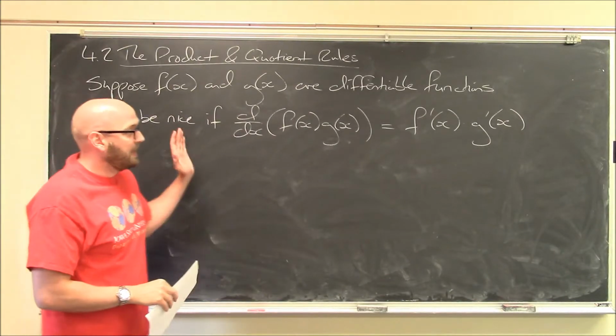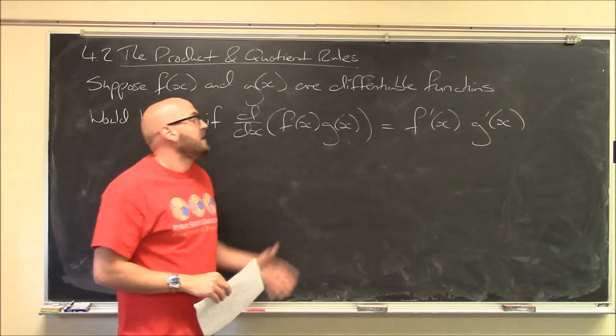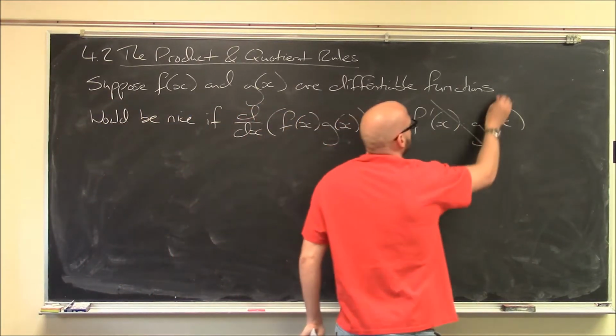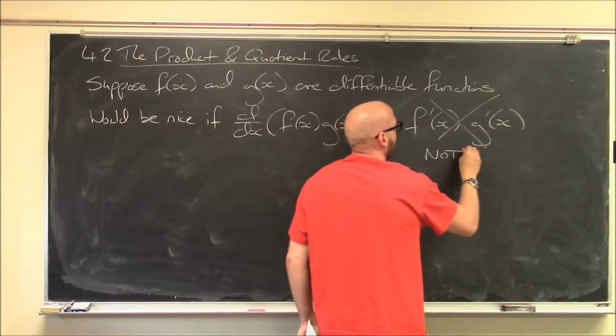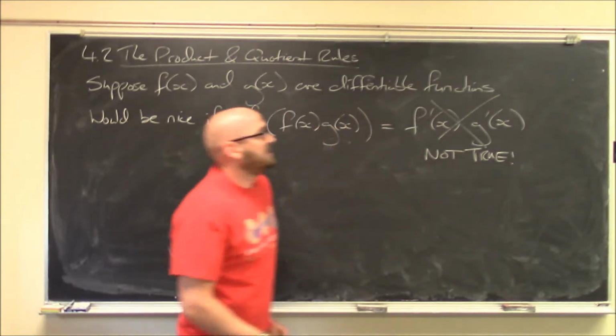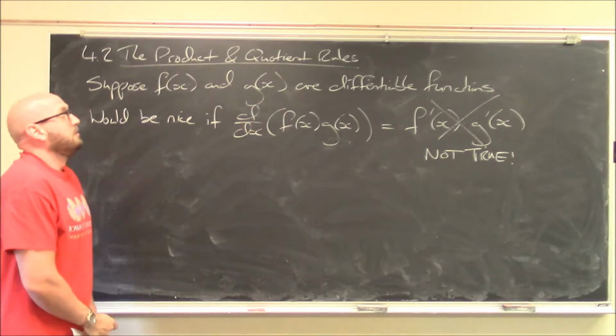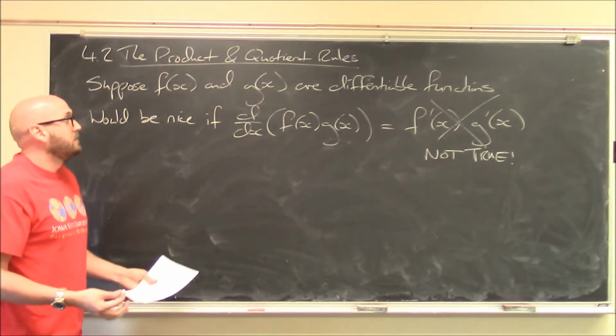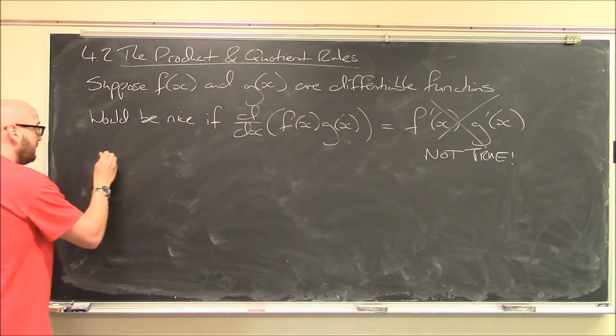That would be fantastic if that's all you had to do to differentiate products. Unfortunately, this is not true. If it was true, that would be the product rule, but it's just not true. So remember that differentiating products is a bit more complicated than that, and I'll give you the formulas right now.